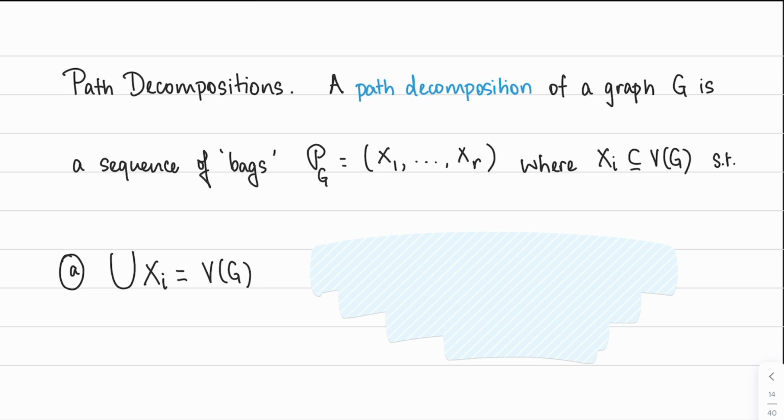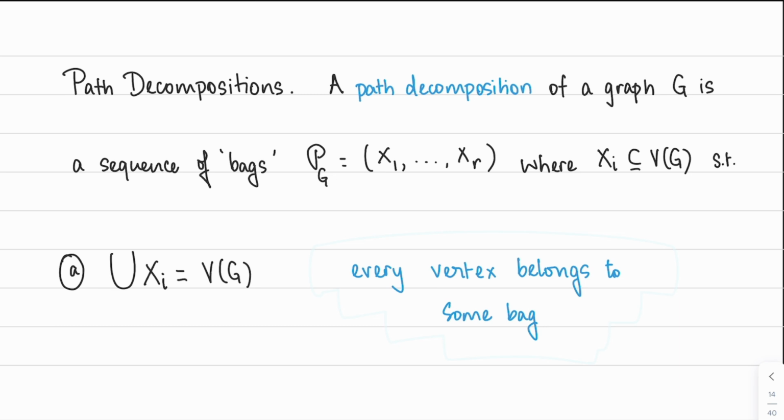And this sequence of bags must satisfy certain properties for it to be a valid path decomposition. The first property is called vertex coverage. It basically says that every vertex of our graph must appear in one of the bags. So the union of all the xi's is the entire vertex set of the graph.